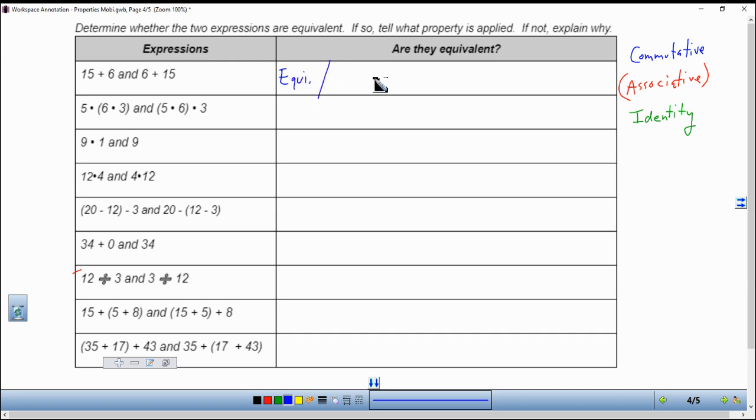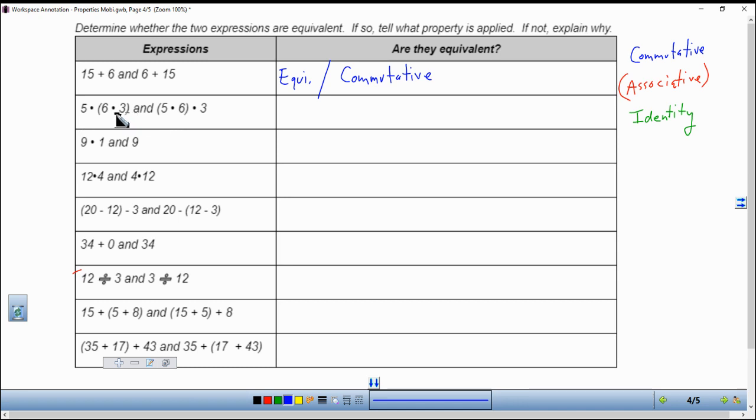And the reason why says what property is applied, it's the commutative property. The reason why these are the same, I don't even have to find the answer, is because same numbers, different order with addition.